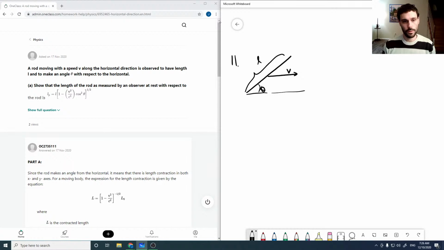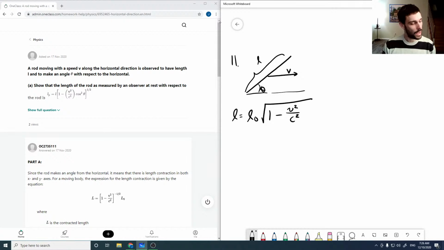So we're going to show that the rod, as observed by an observer, is compressed. So we're going to use our special relativity equations, which has this form.